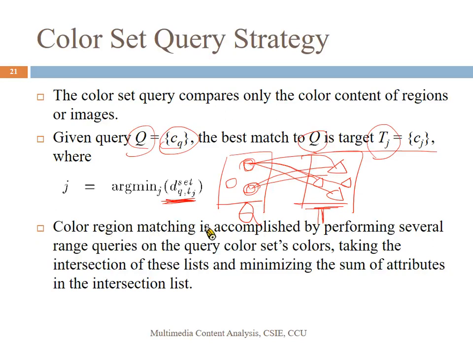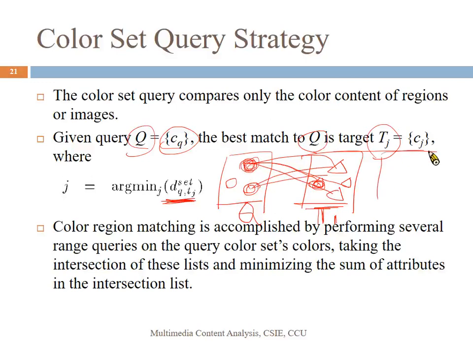The color region matching is accomplished by performing several region queries on the query color set, taking the intersection of this list and minimizing the sum of the distances in the intersection list. For the database image T1, it may have a region similar to a region in the query image.